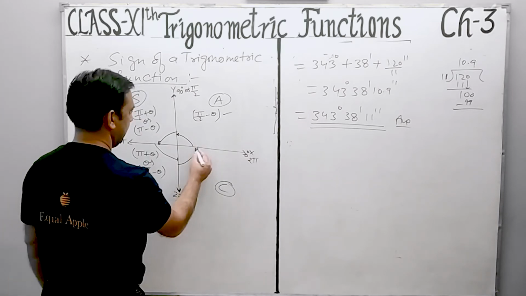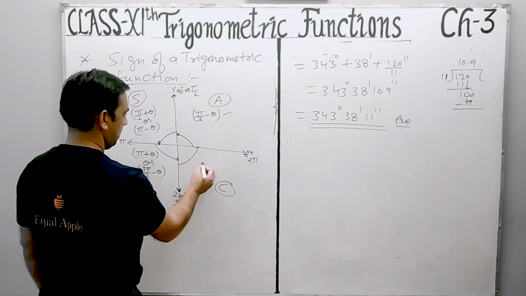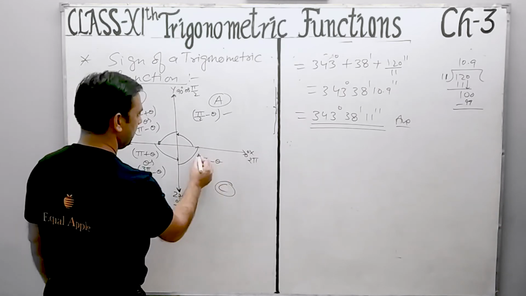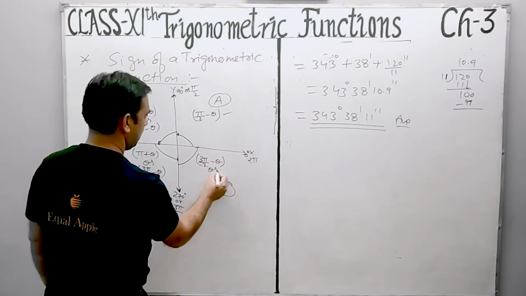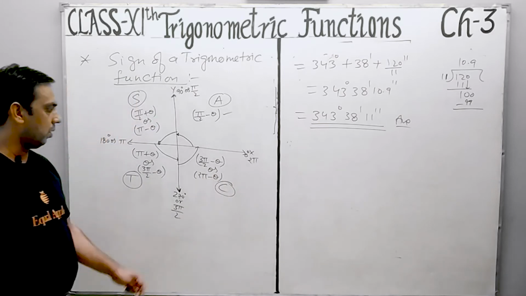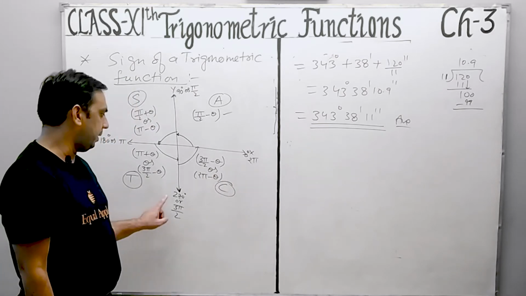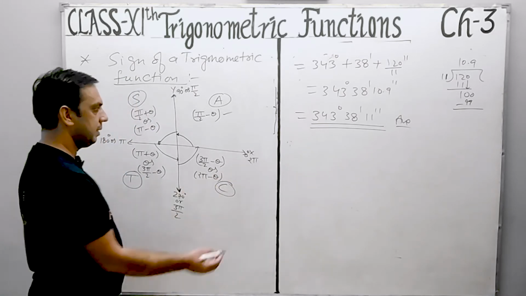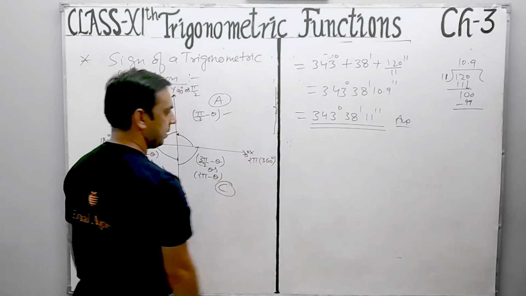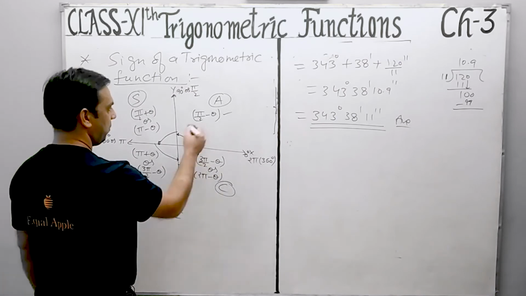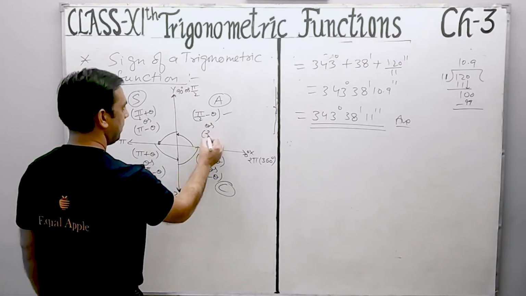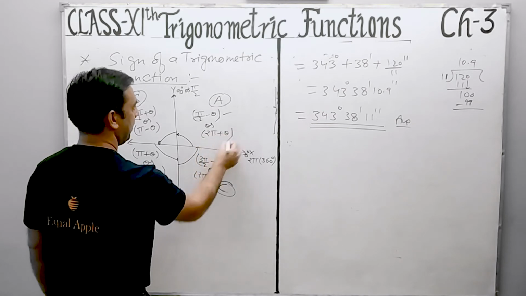And in this quadrant, you can read it as 3 pi by 2 plus theta or 2 pi minus theta, right? Because the values come between 270 to 360. It is 2 pi in radian, or 360 degree. Or in the first quadrant, you can also say 2 pi plus theta.